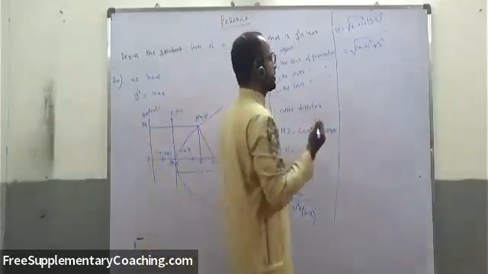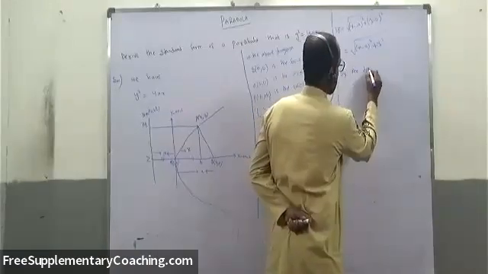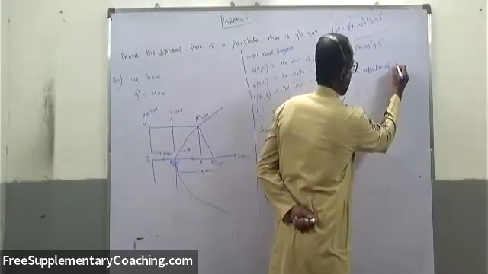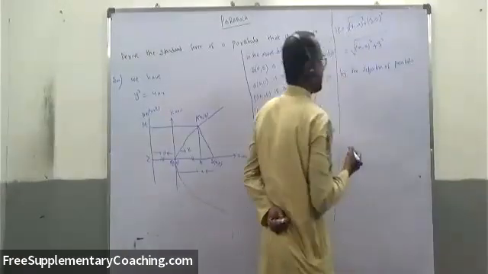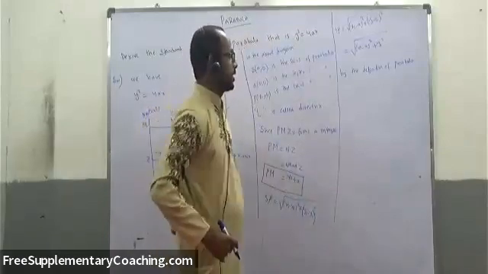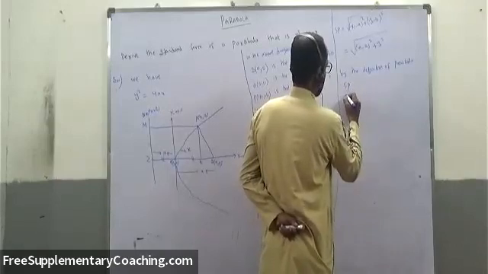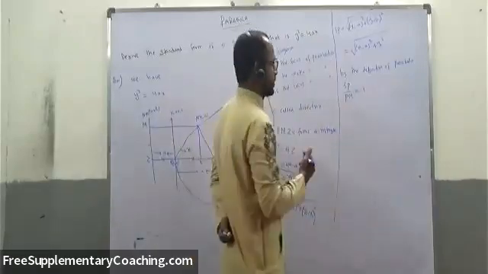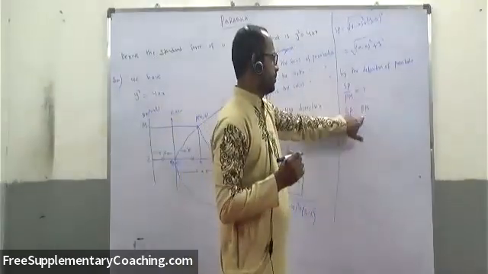So here, by the definition of parabola, I can write SP by PM is equal to 1. This also I can write as SP is equal to PM. PM into 1 is PM.